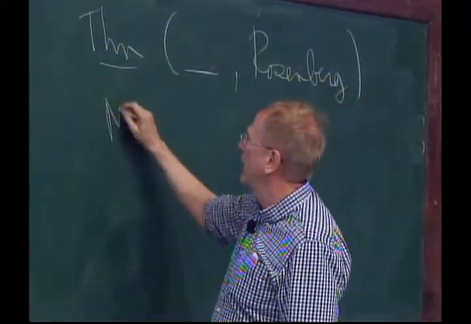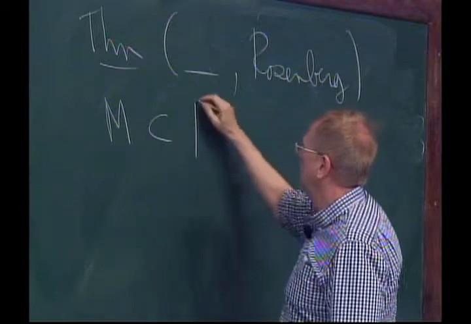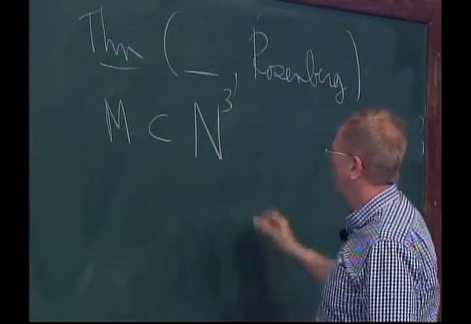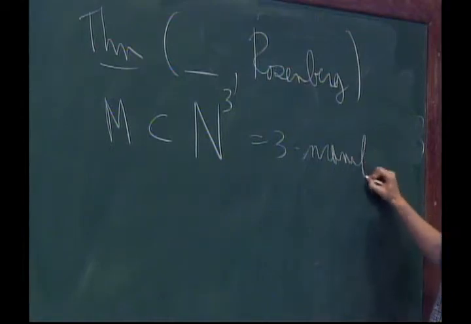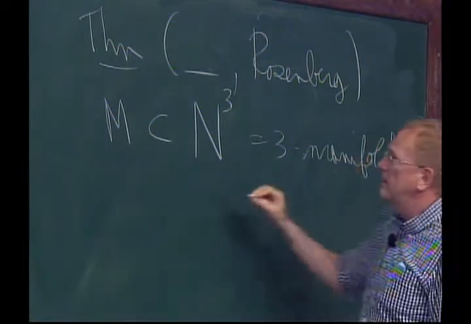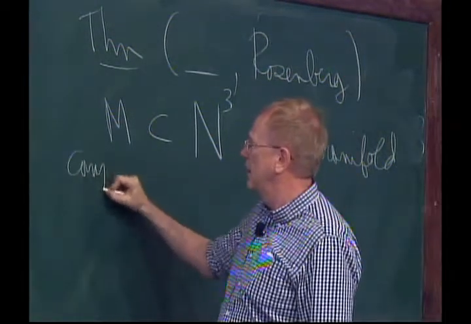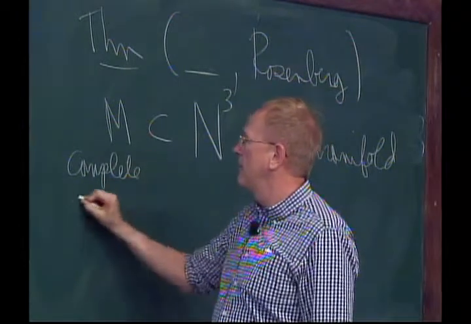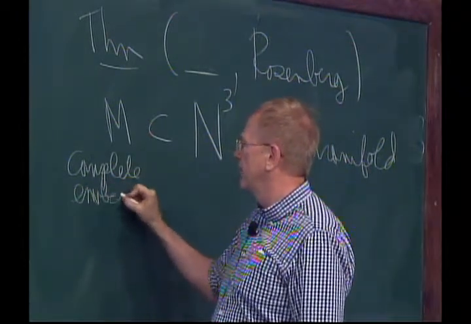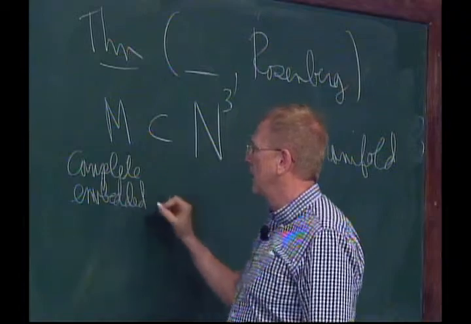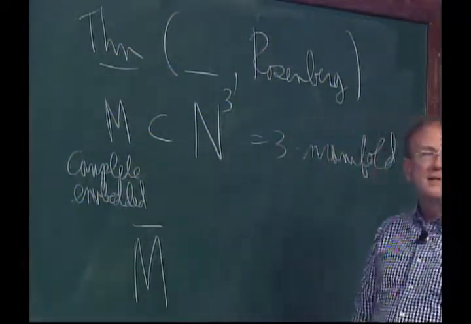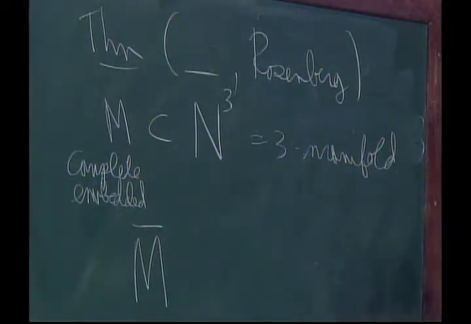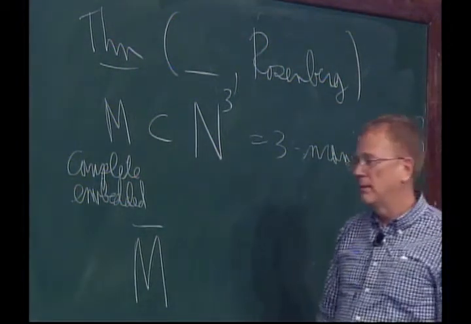It says, if you look at a complete embedded minimal surface in a 3-manifold, when is the closure of this surface a minimal lamination?